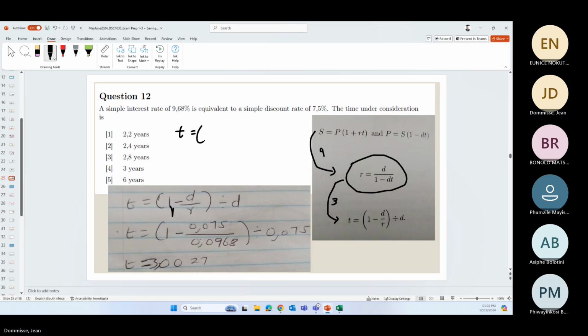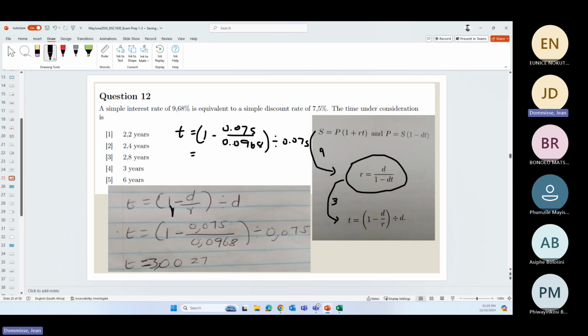They tell us the discount rate is 0.075. They tell us the interest rate is 0.096, and that we will need to divide by the discount rate of 0.075. Okay, so let's work that component out first.